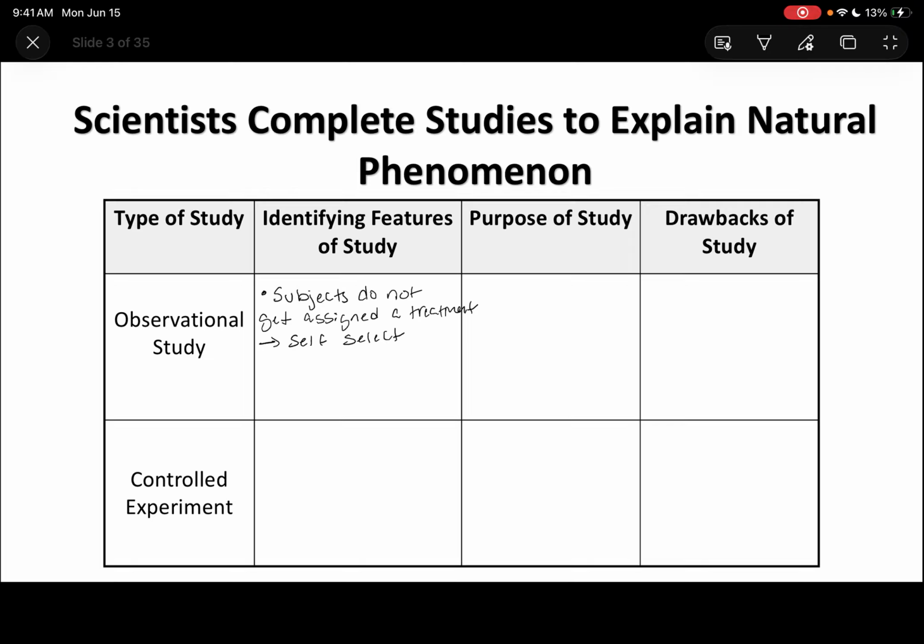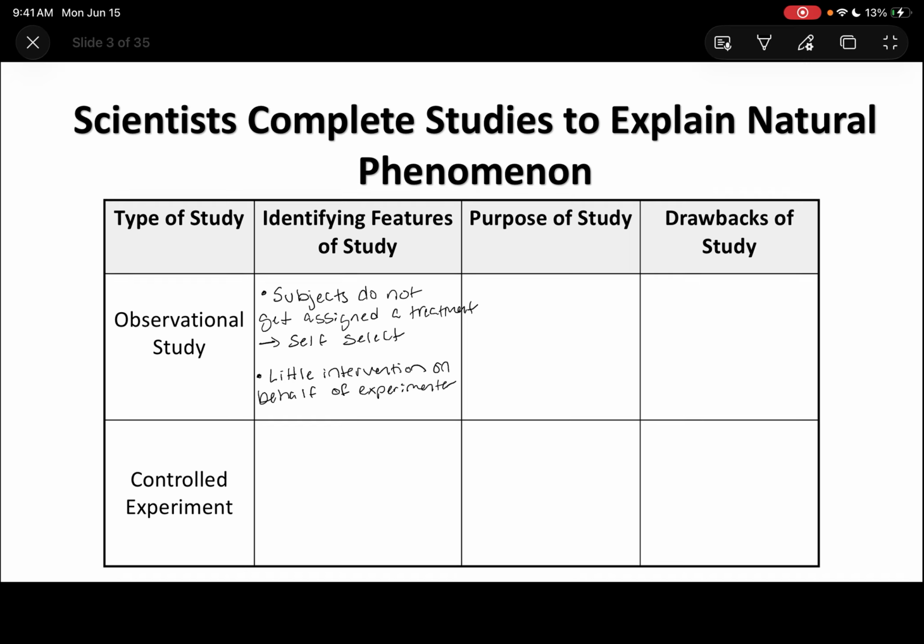Essentially, within an observational study, we're not going to tell the subjects what treatment they're going to receive. They're choosing that with their natural actions. And another characteristic is that there is overall little intervention on behalf of the experimenter.